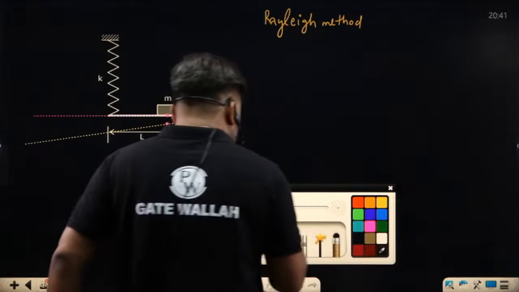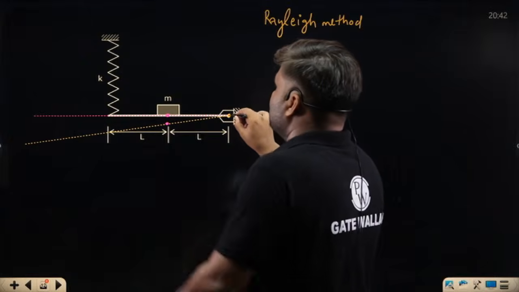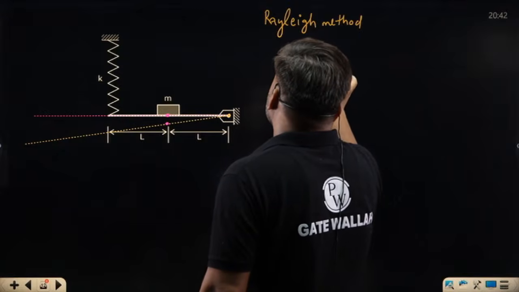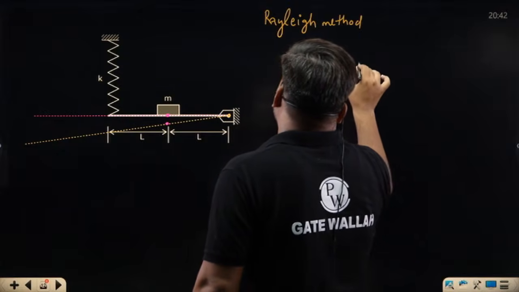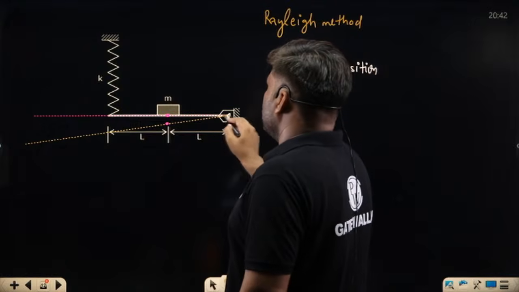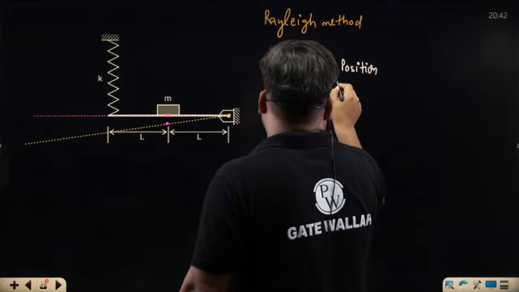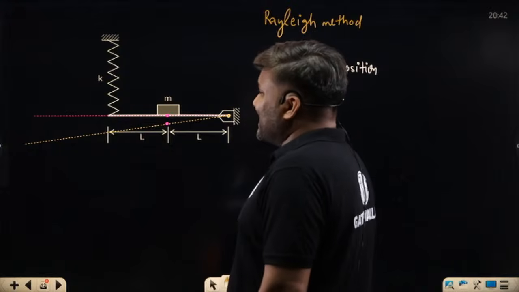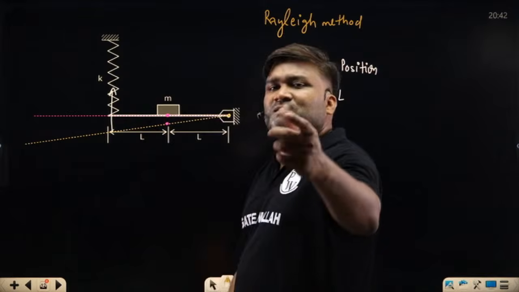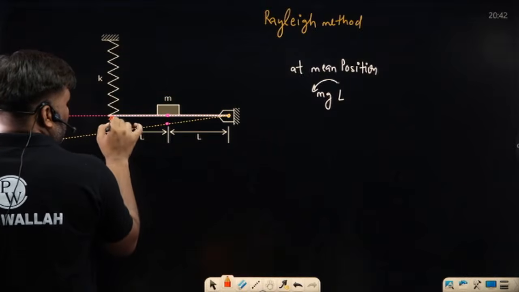Sir, you can start thinking like this: at the mean position, can I write the torque of mg in the clockwise direction? At mean position, mg multiplied by L, sorry, anti-clockwise torque is balanced by the spring's clockwise torque. Suppose the spring has shown some deflection of delta amount.